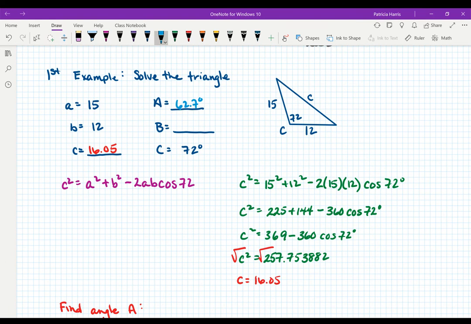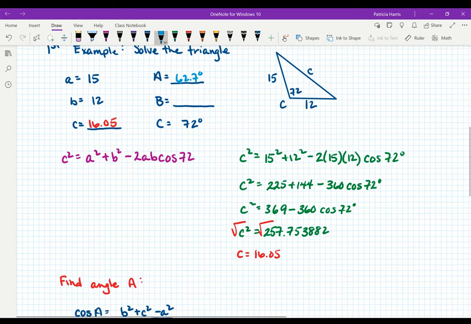So now finding that third angle is super straightforward. What you would do is just subtract from 180.